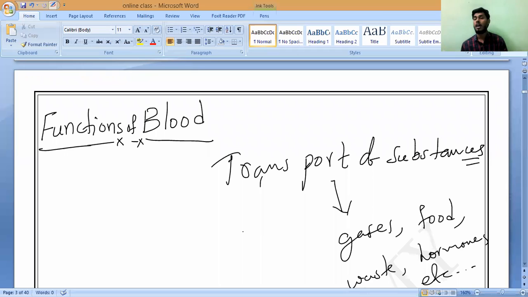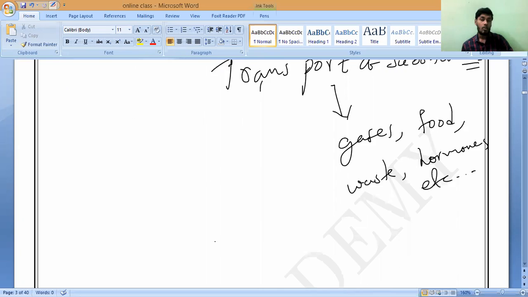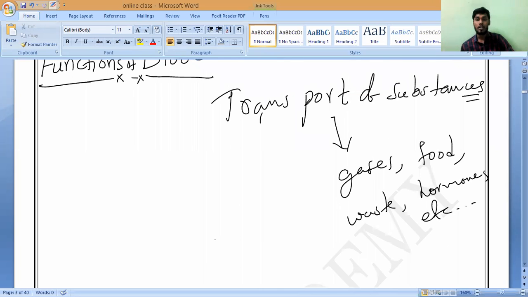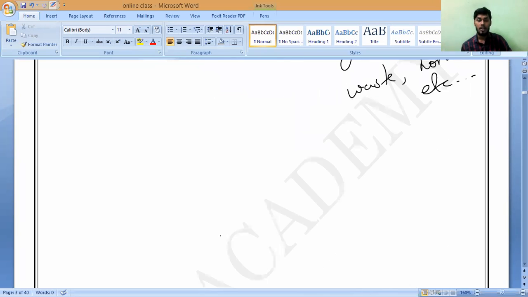It may be done by RBC, may be done by plasma, it doesn't matter. Together we are talking now, we are not mentioning a particular part. So transport of substances is the first one.